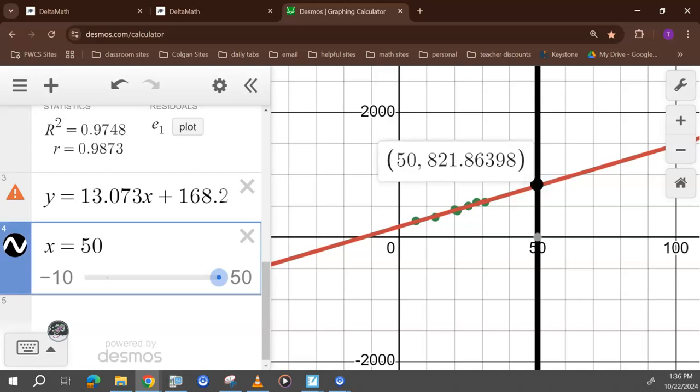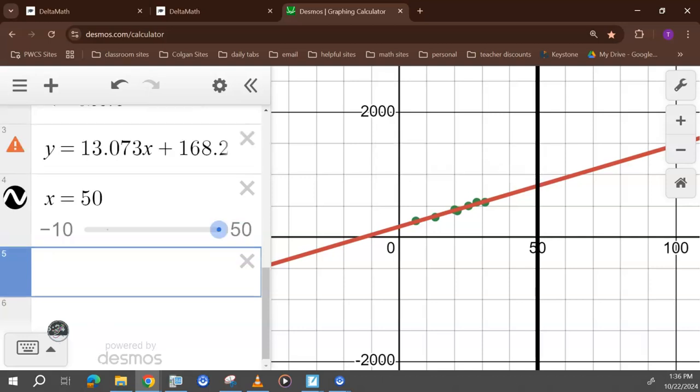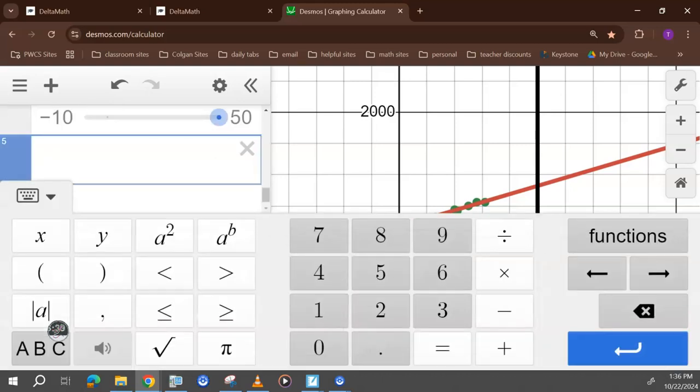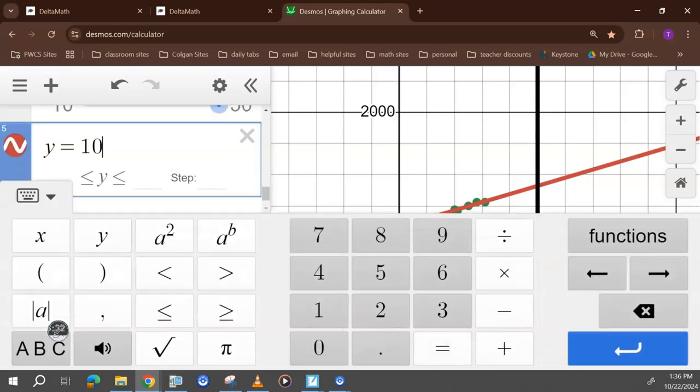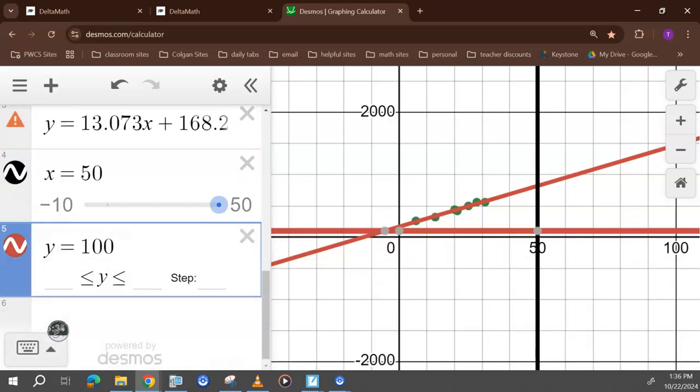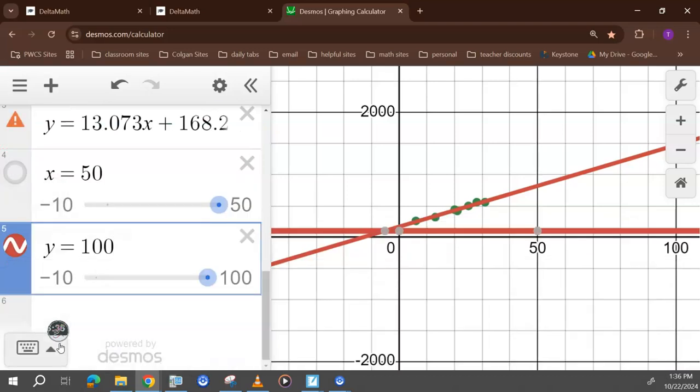And that's going to give me my answer for my y value. Or if I wanted to find when y is 100, I would type in y equals 100, and I would look at where that crosses and find that x value. So whatever you're looking for, type that in. Whatever you have, type that in, and it'll help you find whatever you're looking for.